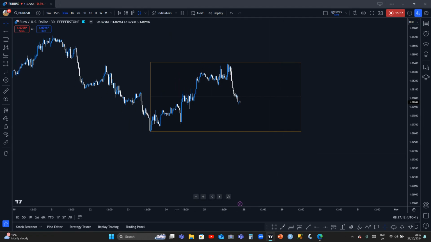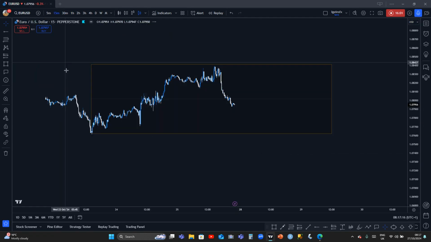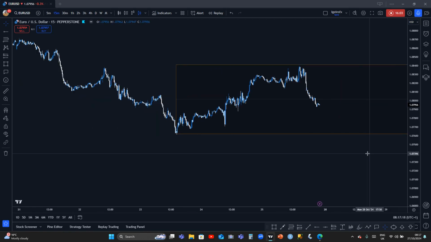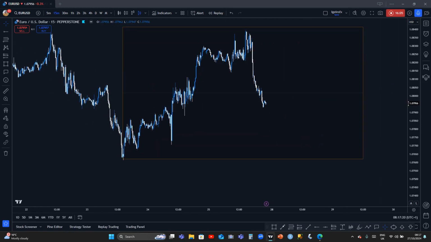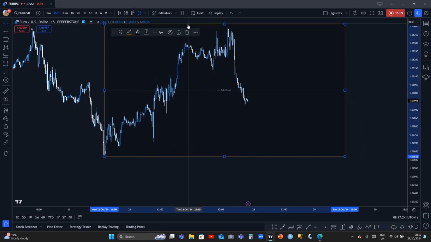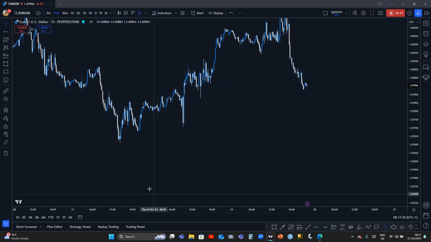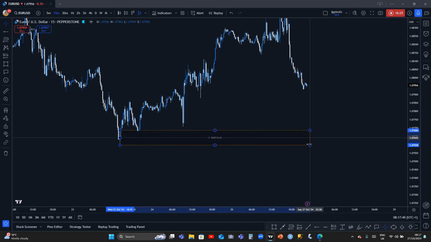The 30 minutes is not really giving us anything, but we scale to 15 minutes. Now that we are in 15 minutes, we can see that there is a bearish underblock here. All right, let's refine this bearish underblock.